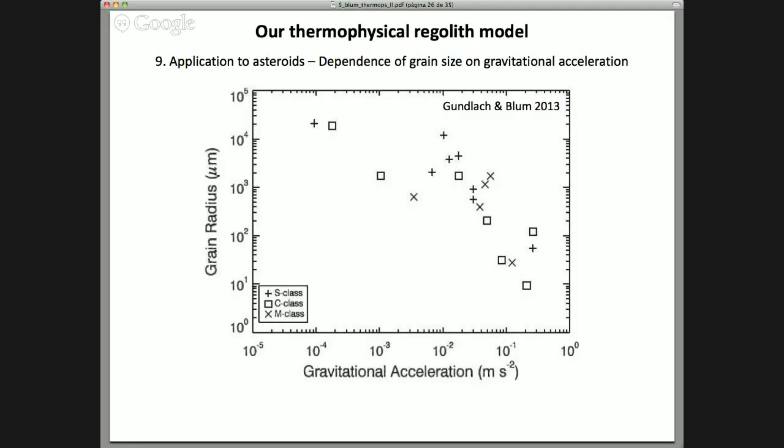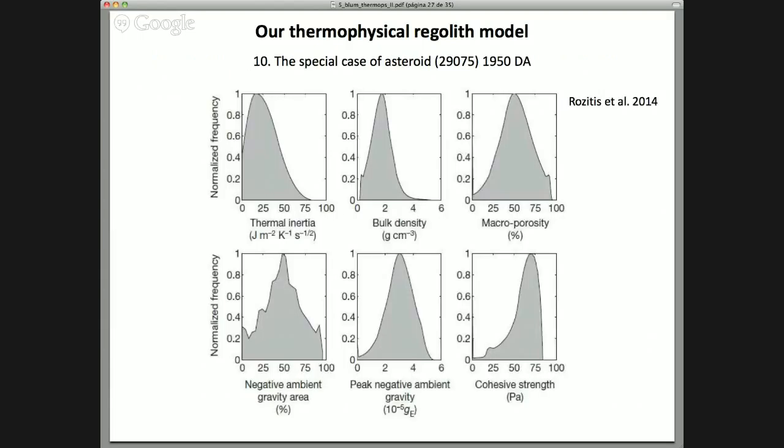Finally, the paper by Rozitis, I think all the co-authors and authors are in this room here, published last year in Nature, of the asteroid 1950 DA is a very nice example to also test our model. They found a probability distribution of thermal inertia between 0 and 75 or so in SI units, and they found that about half of the surface of the asteroid had a negative gravity.